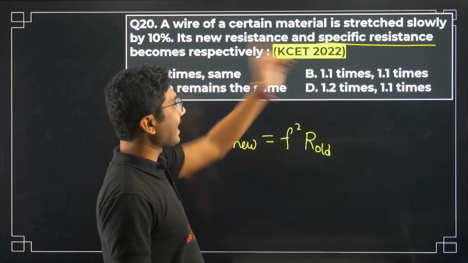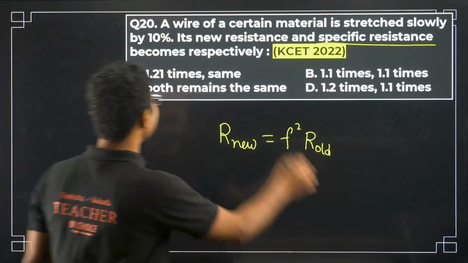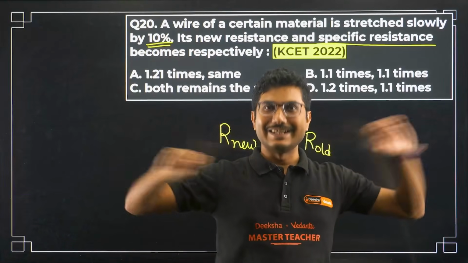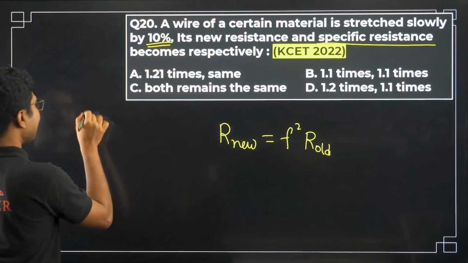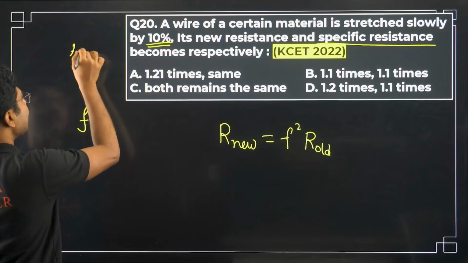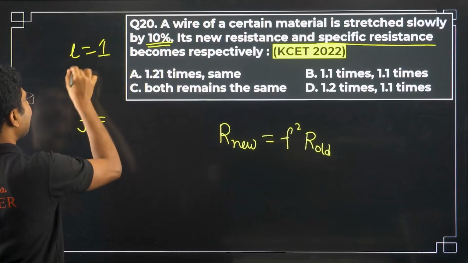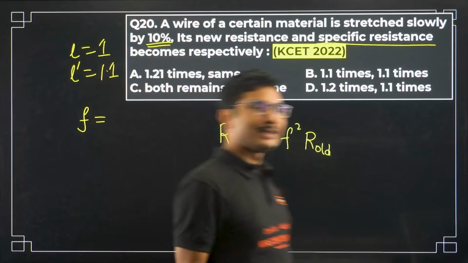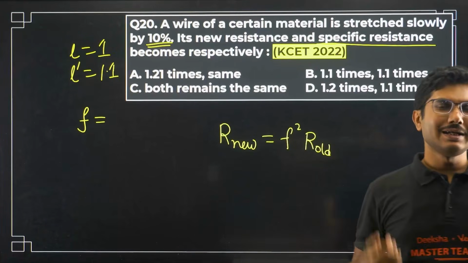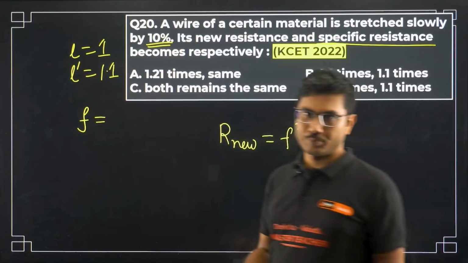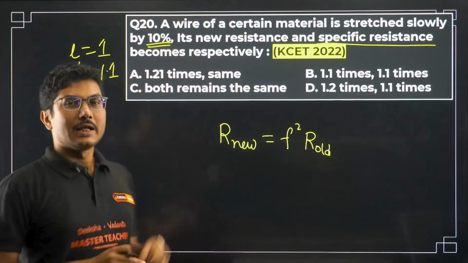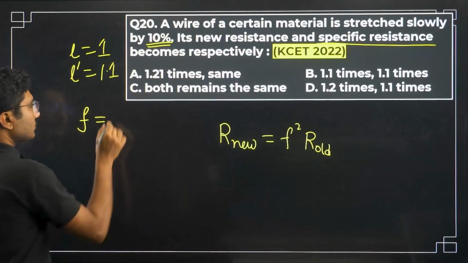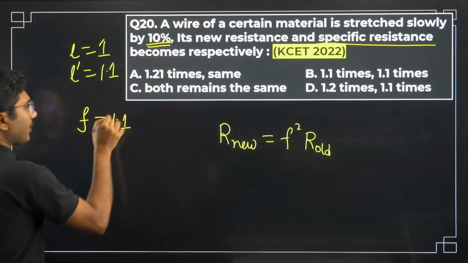Now in this case the factor is not directly given; it is given that it is stretched by 10%. Stretched means increased. So what is the factor here? Initial length was 1, then the final length will be 1.1. 10% increase means 0.1 increase in the value. If length was 1 meter, new length will be 1.1 meter. As simple as that. So factor is 1.1.